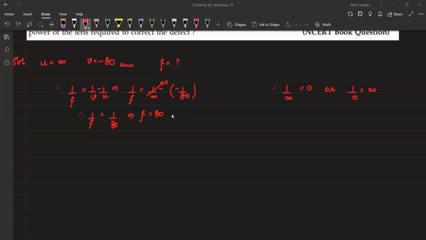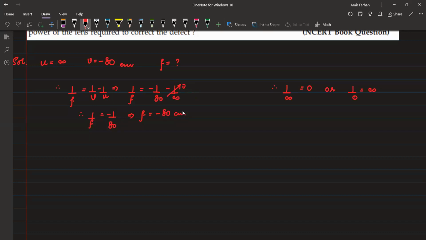Just a second. Okay? No, have I made some mistake? Oh, sorry. I put the values in the wrong order. I should have put 1 by v first: minus 1 by 80 minus 1 by infinity. So now this is 0. Okay? So 1 by f will be minus 1 by 80, so f will be negative 80.